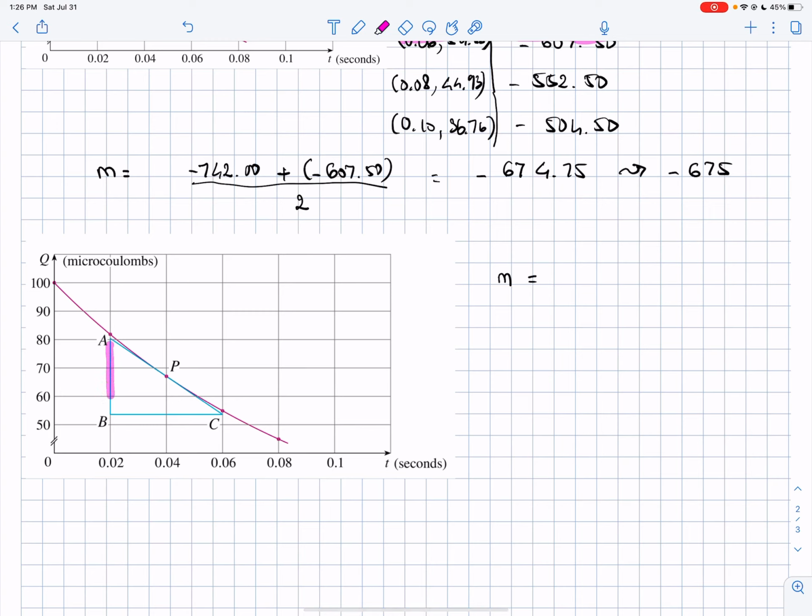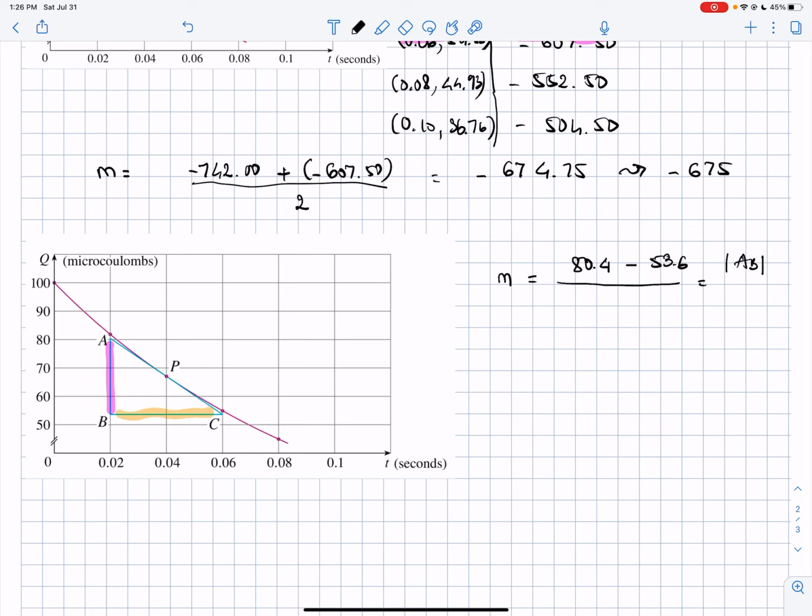So the change of y will be AB and the change of x will be BC. The y coordinate of the point A is about 80.4, and the y coordinate of the point B is about 53.6. So this means we are calculating the length AB.